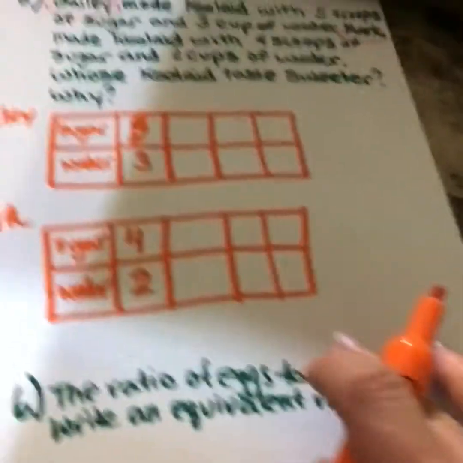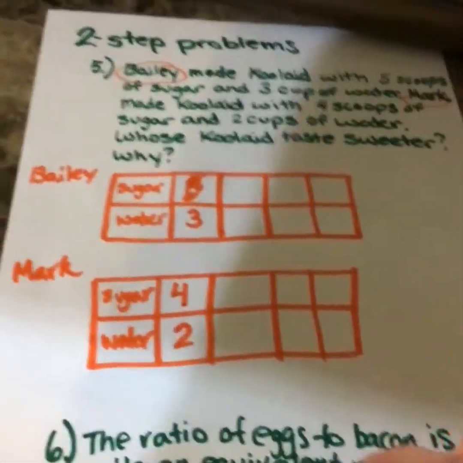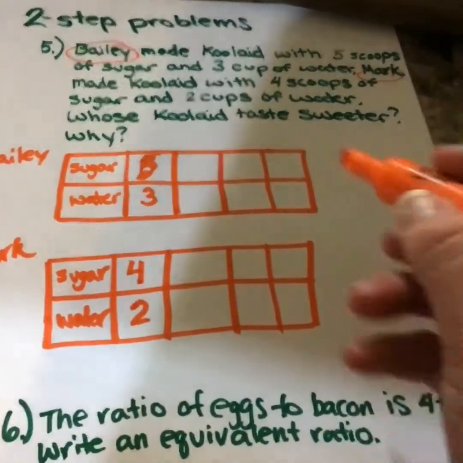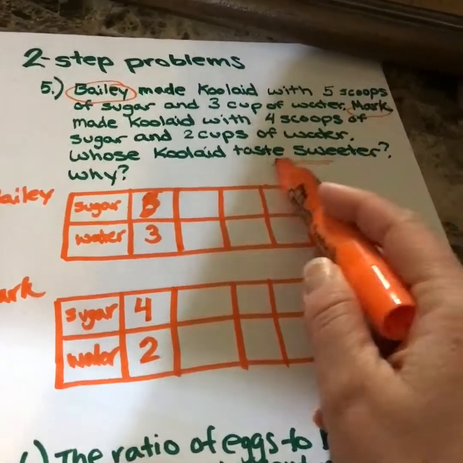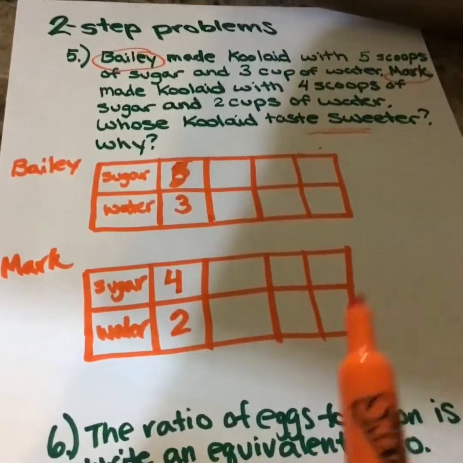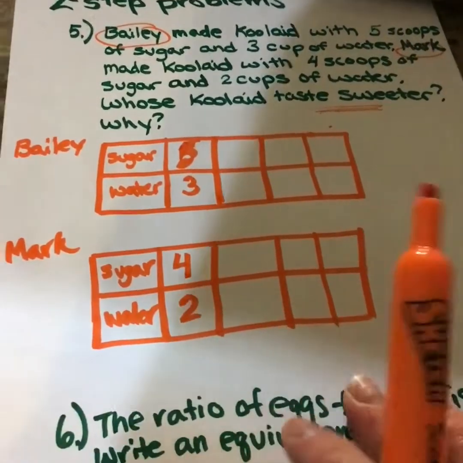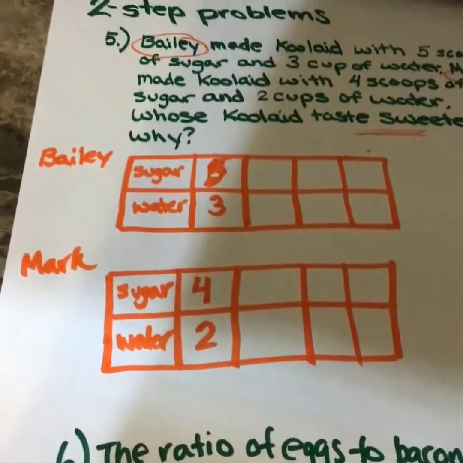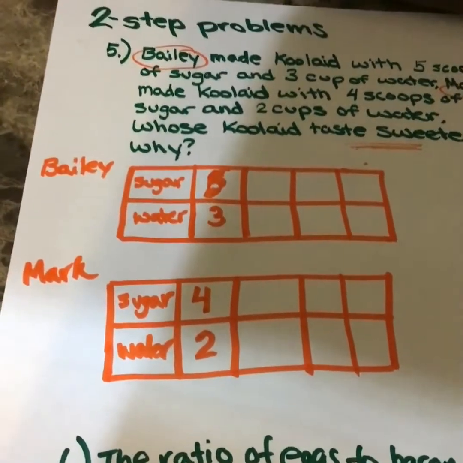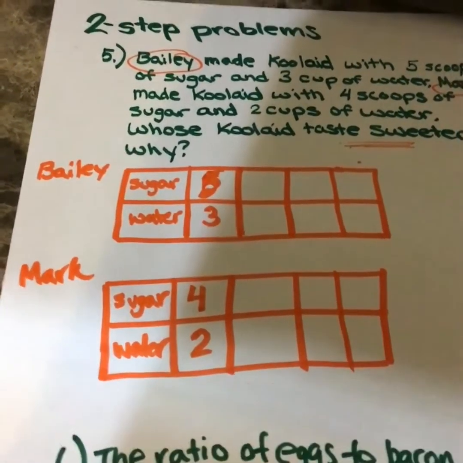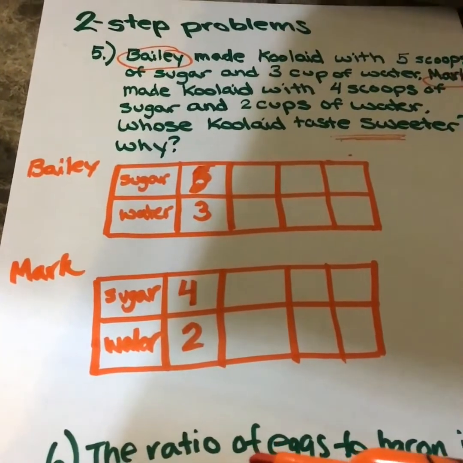So the very first thing that I'm going to show you is we want to know whose tastes sweeter. So we need to know who uses more sugar. Well, it looks like Bailey uses more sugar because she uses 5 scoops. But you have to take into consideration how much water they're using as well.